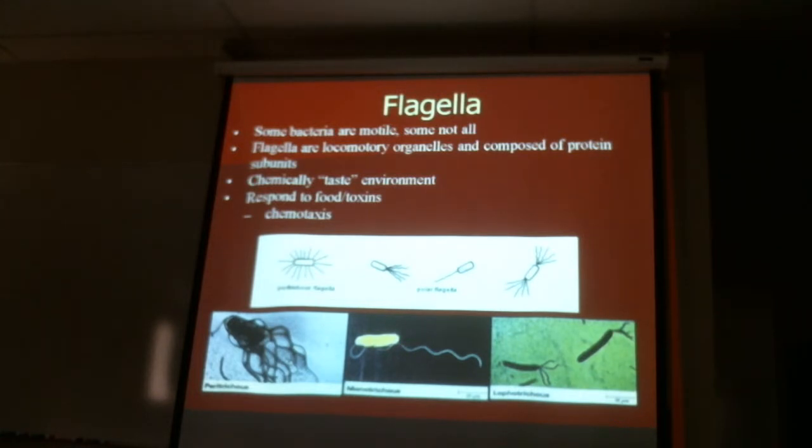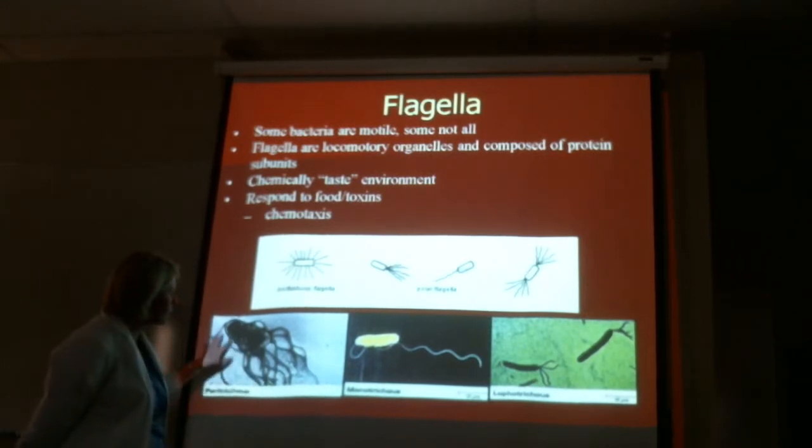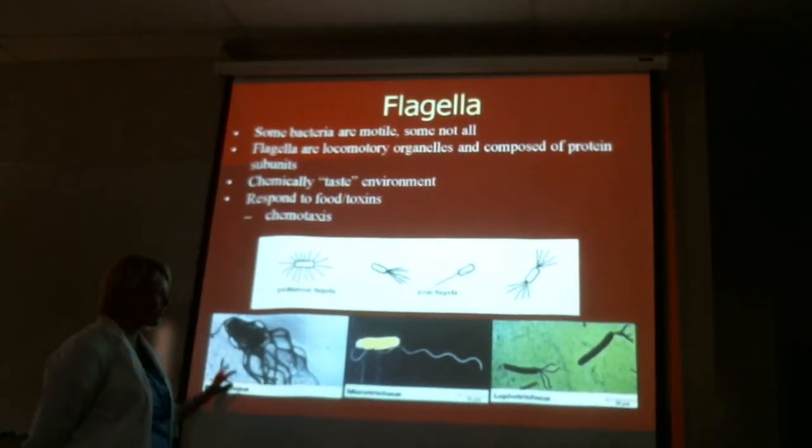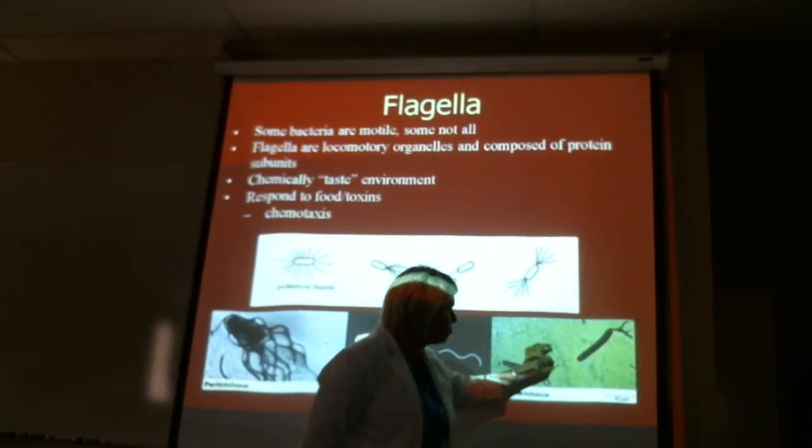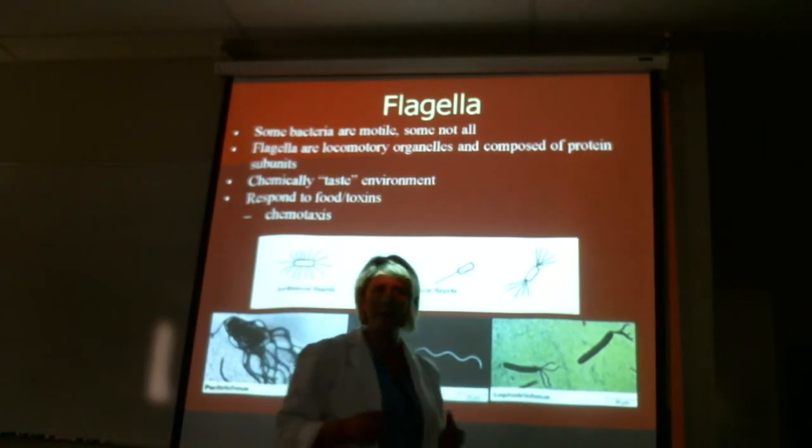Now look at the arrangement of the flagella. We'll learn this again in Lab 3. But these organisms have different arrangements. Sometimes they only have one flagellum, and that is monotrichous. Sometimes they have flagella all the way around the cell. That's called peritrichous. Sometimes they have a little tuft on the end, kind of like you pulled your hair back in a ponytail.